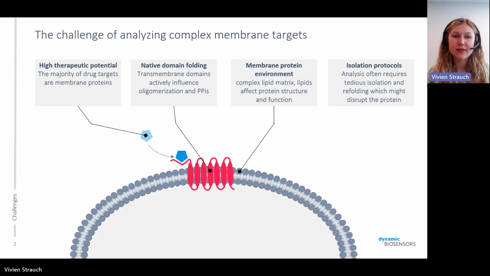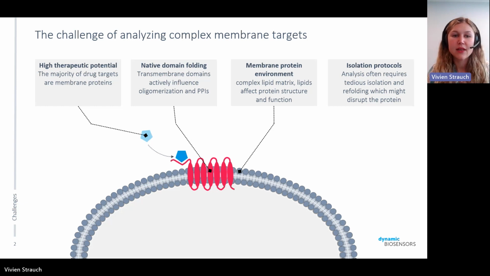So transmembrane proteins, for example, GPCRs, have a very high therapeutic potential, and many drugs that are currently in use already target these membrane proteins. However, if we really want to tap into the full potential of these proteins, we need to characterize them, and this is often accompanied by a lot of challenges.